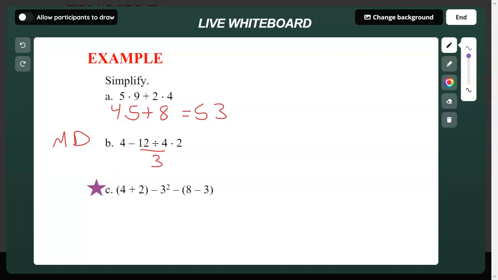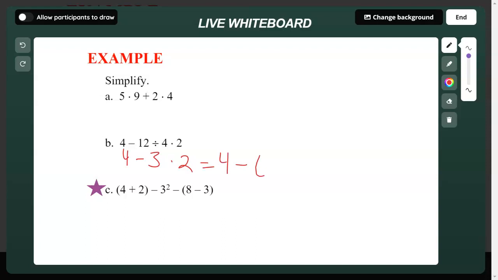Now it's a 3. So then we can do our multiplication: 3 times 2 to get 6. 4 minus 6, or plus negative 6, gives me negative 2.